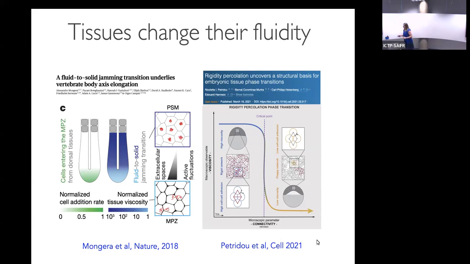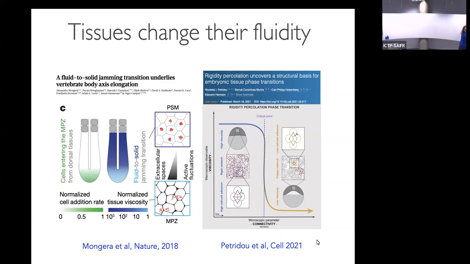Both of these two papers that have come out maybe in the last 6 years or so basically show that there are fluid-solid transitions. They show that what I just said is true experimentally. That basically in both of these cases, you need a flow. In one case, this is the zebrafish body axis. And what they showed in this example is that this region, so this is the tail of the zebrafish, this is the head of the zebrafish.